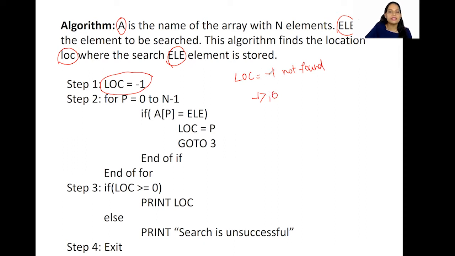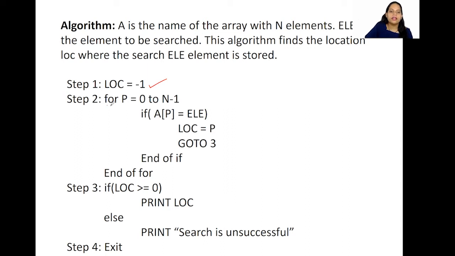Otherwise we could have easily initialized it to 0, but since the index starts with 0, we initialize it with -1. So remember, first we initialize LOC to -1.